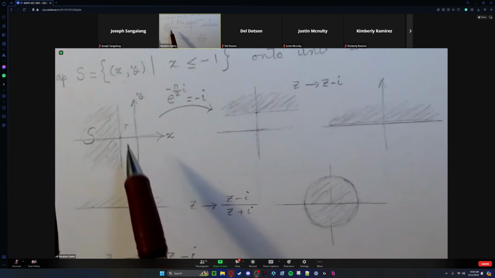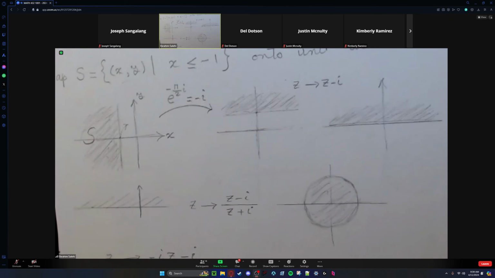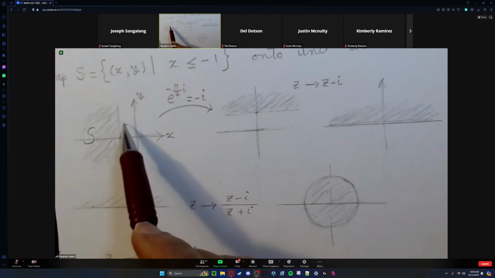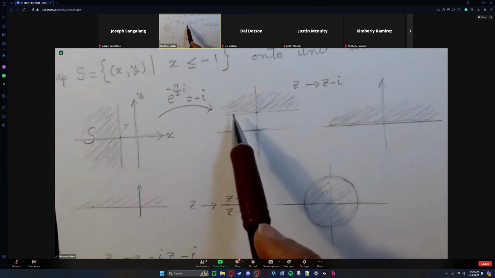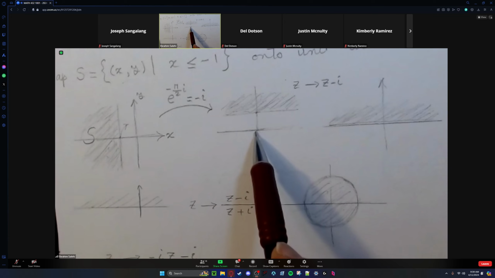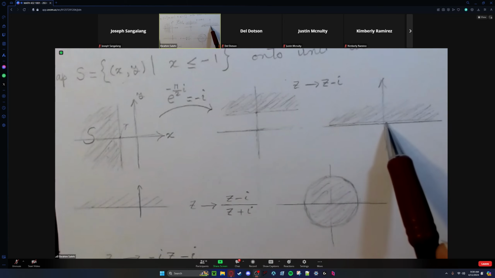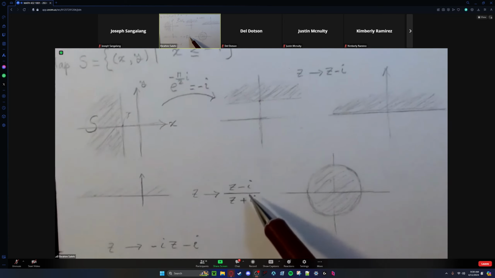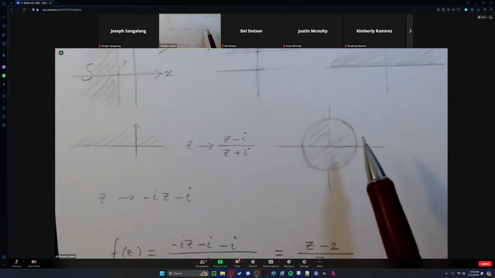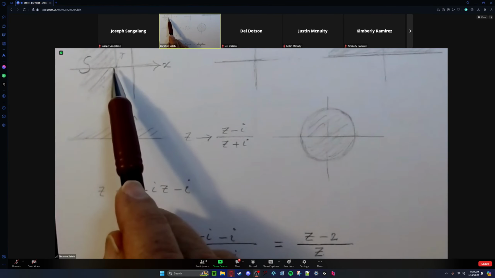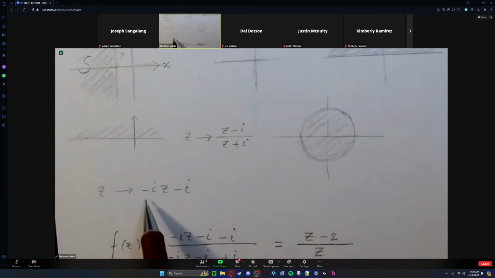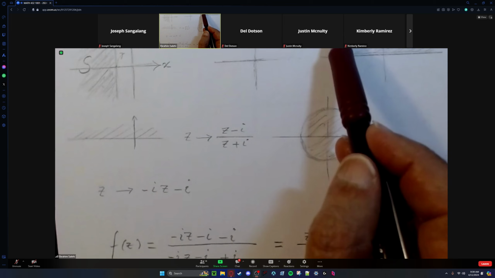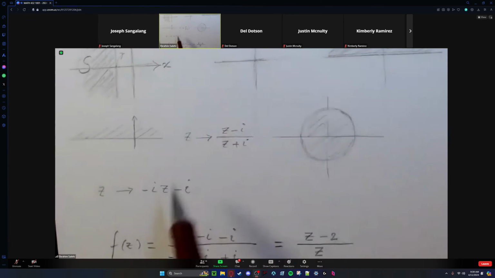So, a composition of these three motions. One motion is rotation, another motion is bringing it down, and the third one is applying this. So here we go. Motion number one, you multiply by -i. Motion number two, you subtract i, bring it down.